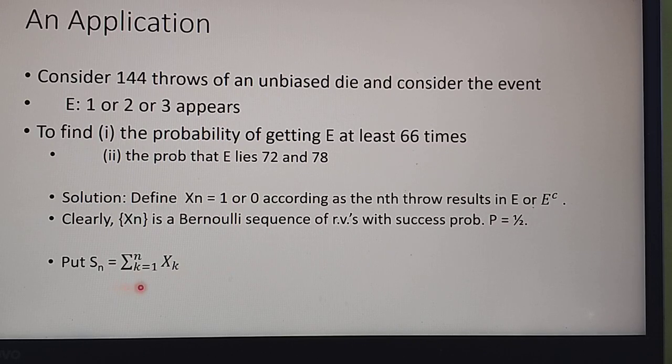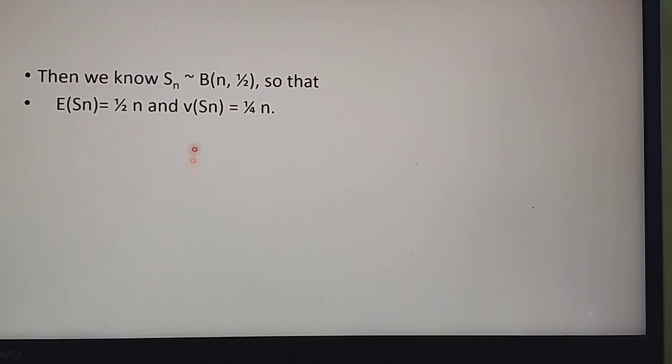Now put Sn as the partial sum of Xk, k goes from 1 to n, as usual. Then Sn follows binomial (n, p) with p equal to half, so the expectation of Sn is np, and the variance of Sn is npq.